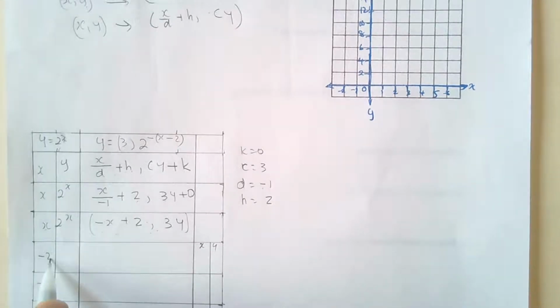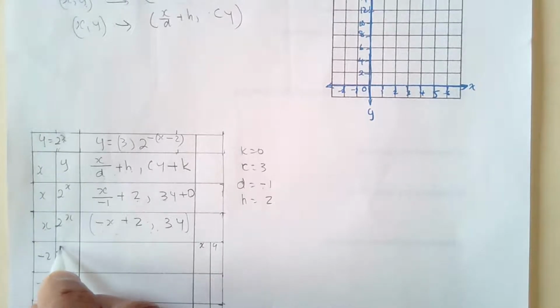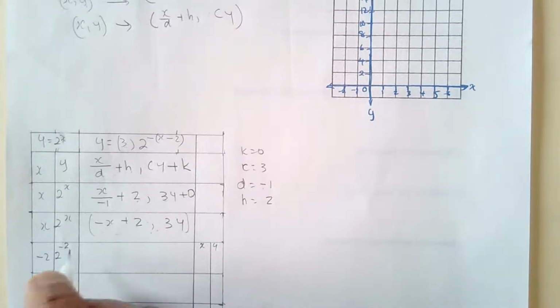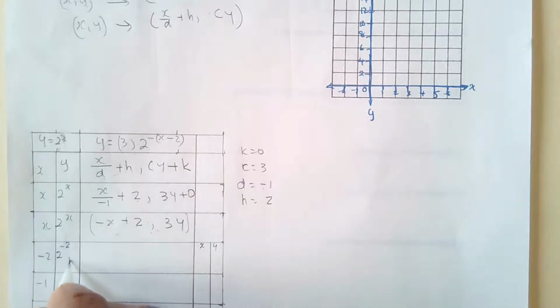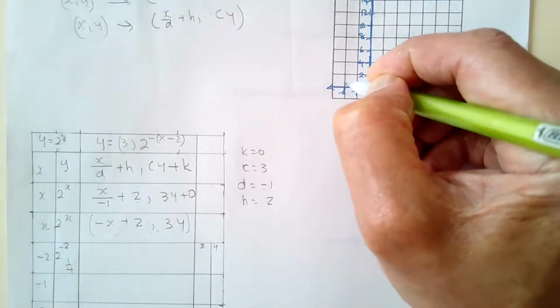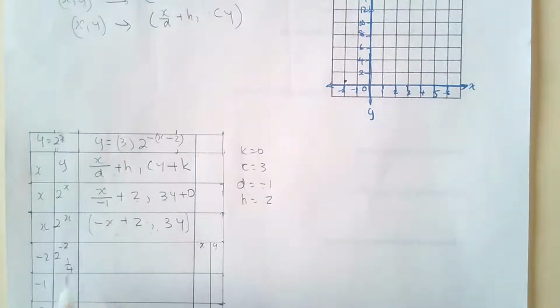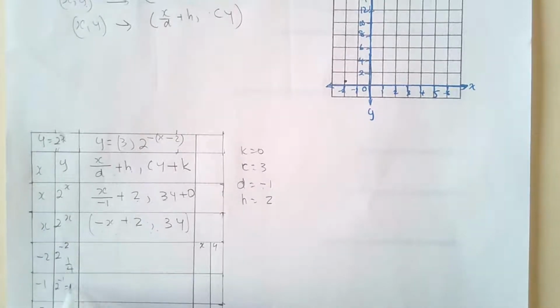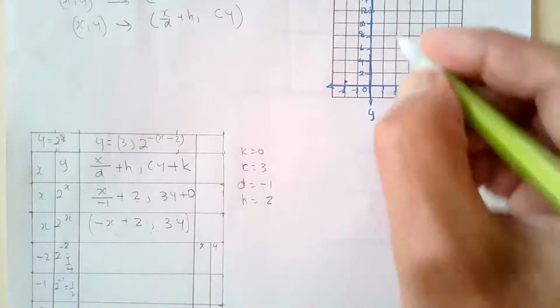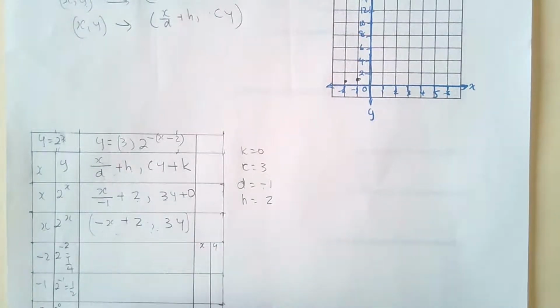When x is negative 2, y is 2 to the negative 2, which is equal to 1/4. Then we have negative 1, 2 to the negative 1, which is a half. 2 to the 0 is 1.